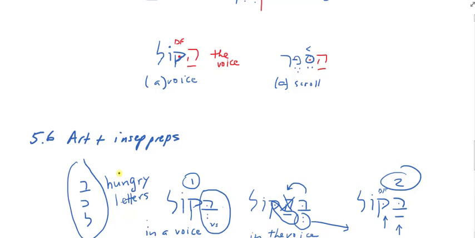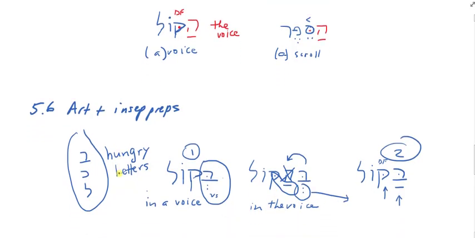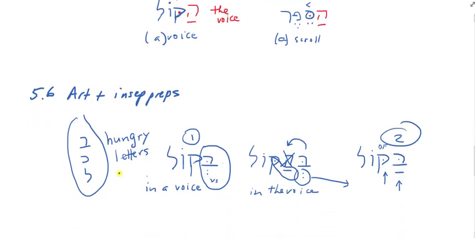So, let's say I have a word like b-kol. Kol means voice. We saw that up here. B-kol is in a voice. The bet means in. How does the bet come vocalized? Well, it normally comes with a vocal shva under the bet, right?